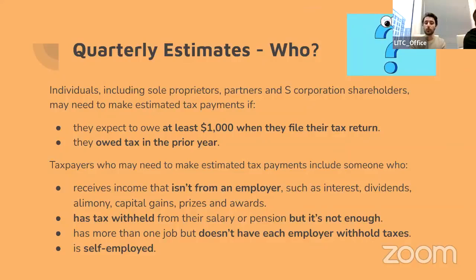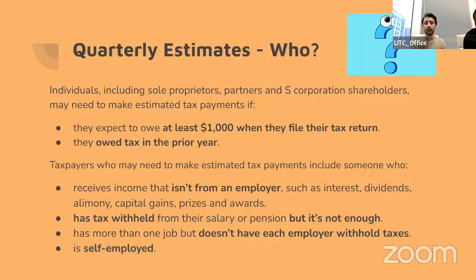Sole proprietorships, partnerships, individuals, S corporations, and of course, 1099 independent contractors. If you're expecting to pay at least $1,000, you should likely be doing quarterly estimates. And if you owe taxes in the previous year, all of these become part and parcel of being an independent contractor.